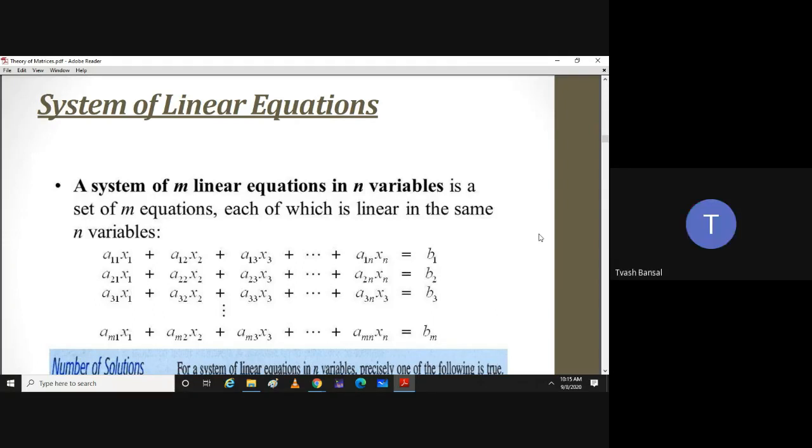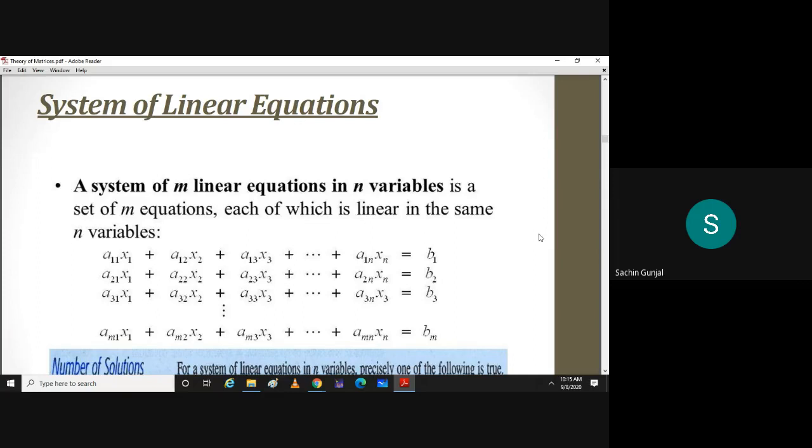What was that? The first row is 1 0 5 0 2. Second row is 0, 1, 0, 7, minus 3. And the third row is completely 0. Fine.